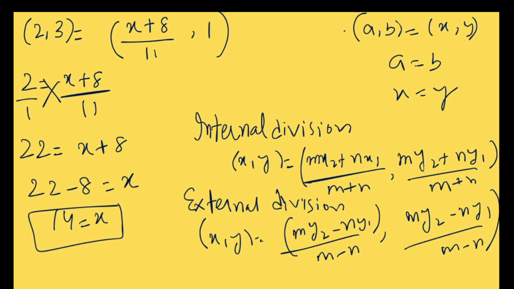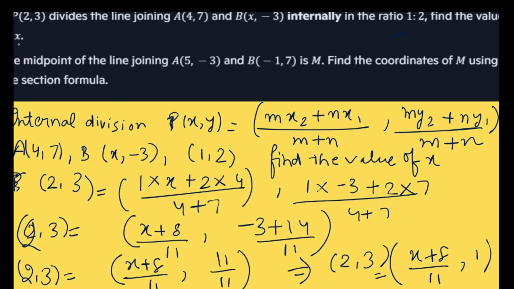So if they give you some sort of ratio and some points, and you have to find the x or y coordinate, then you solve it like this. This was the question here.